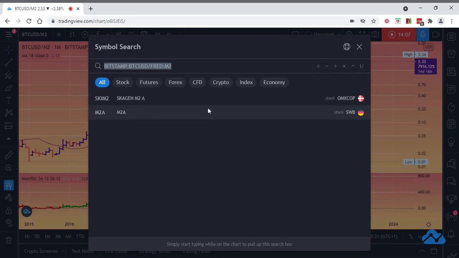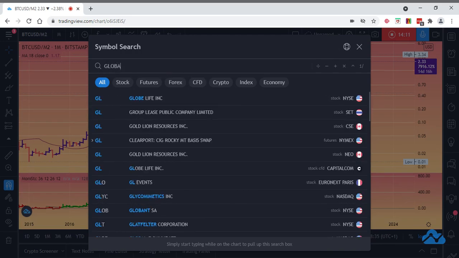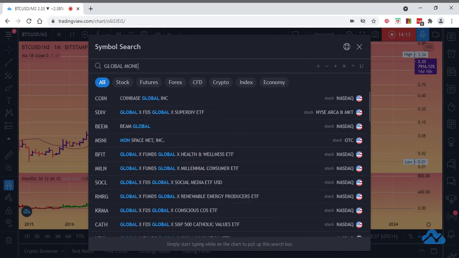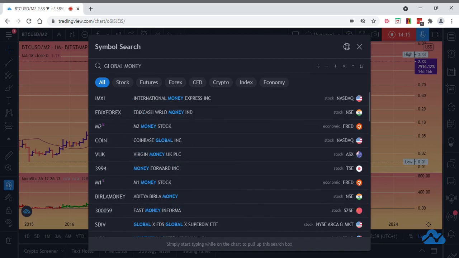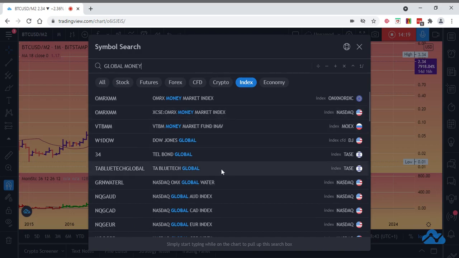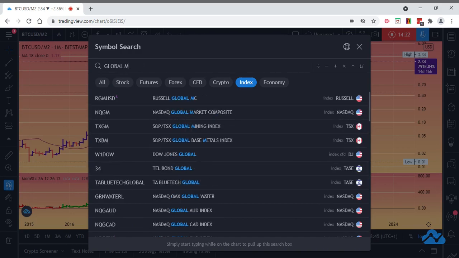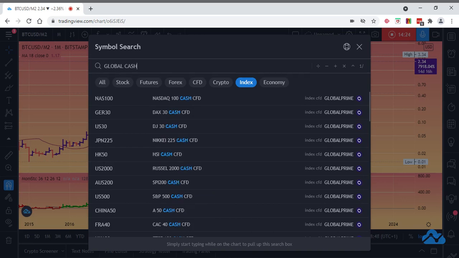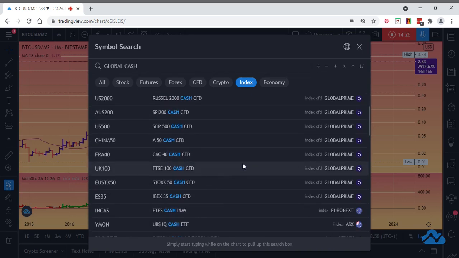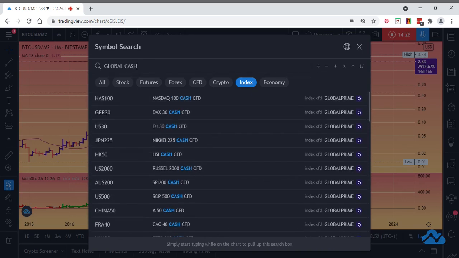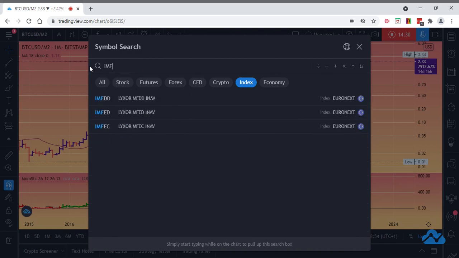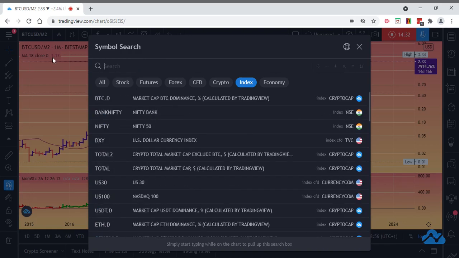Is that such a thing? Global money index. Global cash. Maybe it's IMF. No, it's not going to come up.